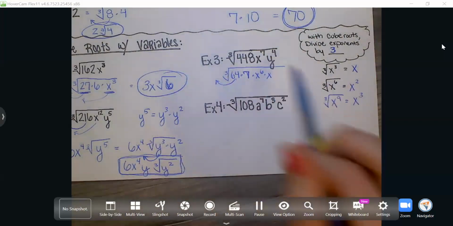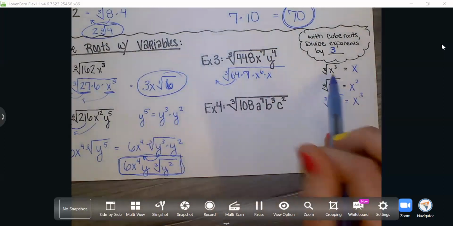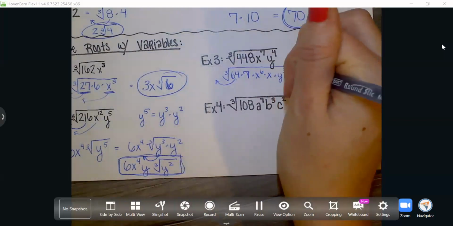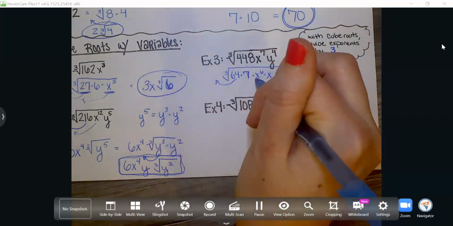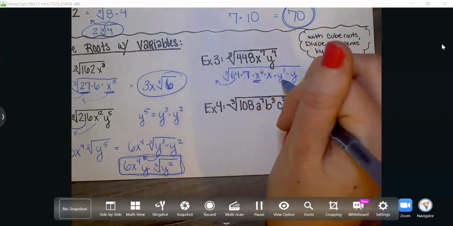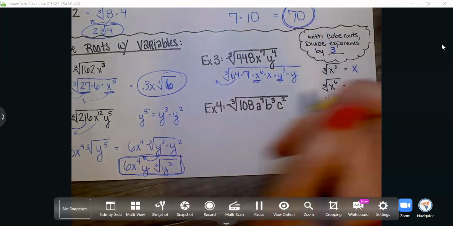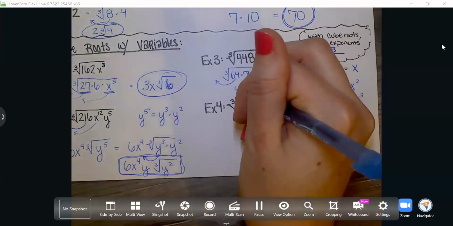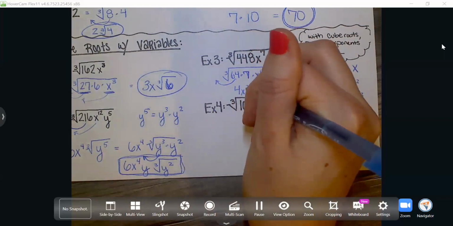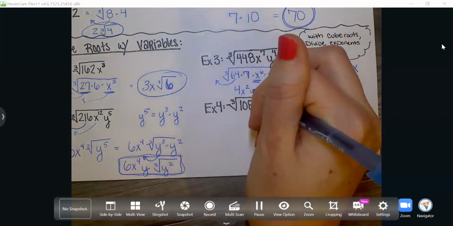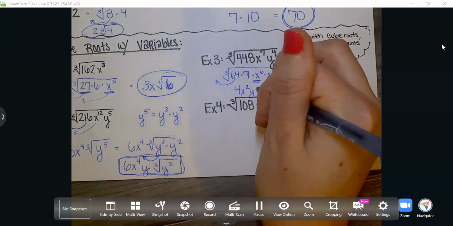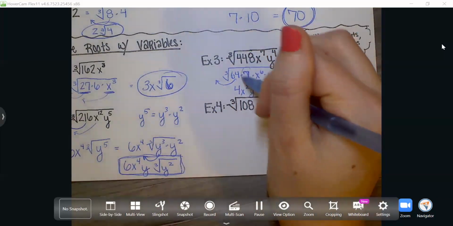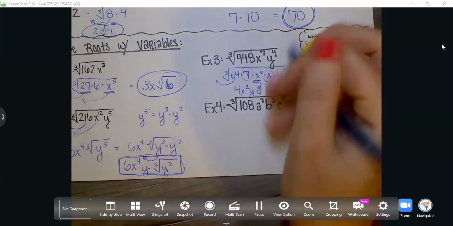Y to the 4th, I'm going to break it down into y to the 3rd as a perfect cube, and a 1y left over. So that 64 comes out, x to the 6th comes out, y to the 3rd comes out. So I get 4x to the 2nd, y to the 1st, outside of my cube root symbol, and left underneath my cube root symbol is this 7xy.